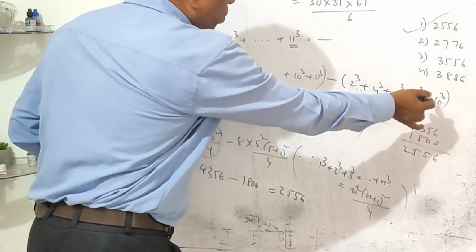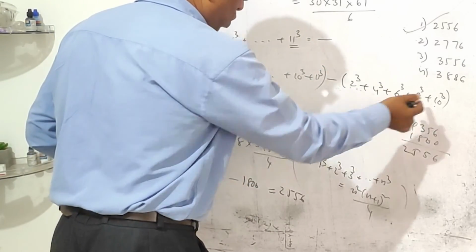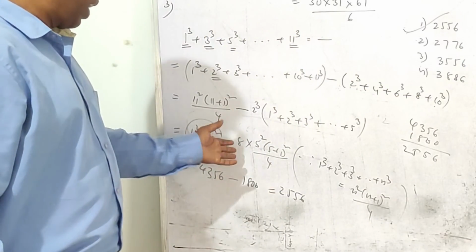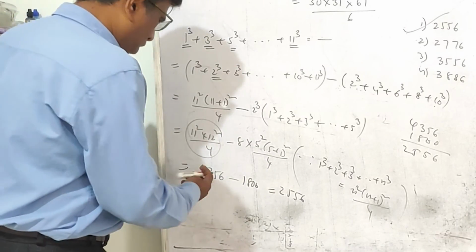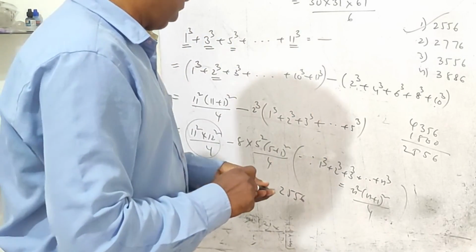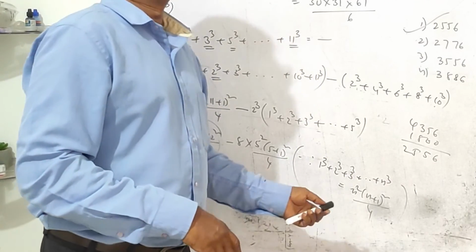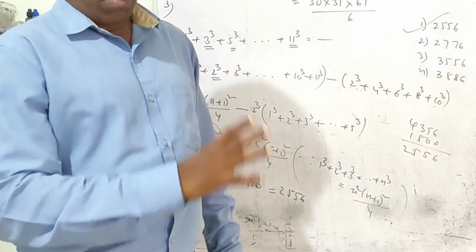Every subtracted term has 2 cube, so take 2 cube out: 1 cube, 2 cube, 3 cube, up to 5 cube, which is again 5 square into 5 plus 1 whole square by 4. On simplification, this is 4356 and this is 1800. So after subtracting, we get 2556. This is the way of solving the question.